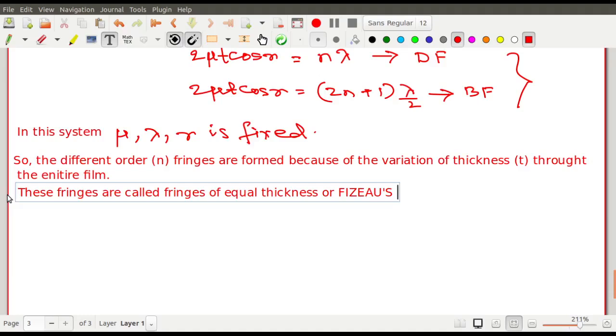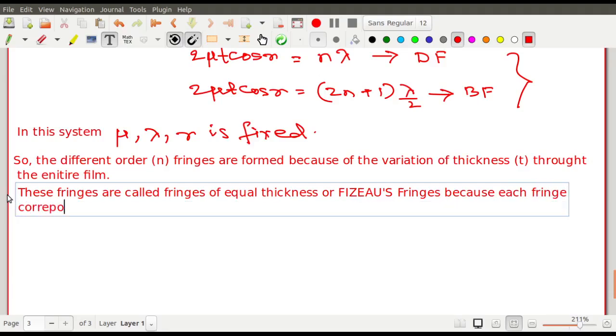These fringes are called fringes of equal thickness or Fizeau's fringes because each fringe corresponds to lines of equal optical thickness.